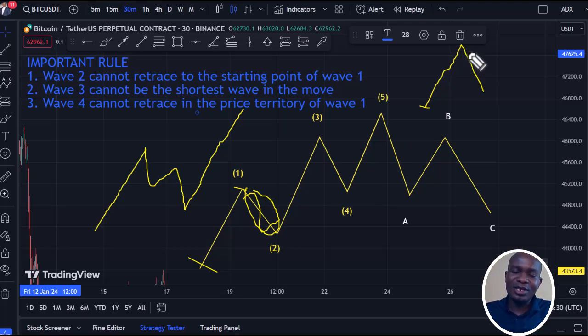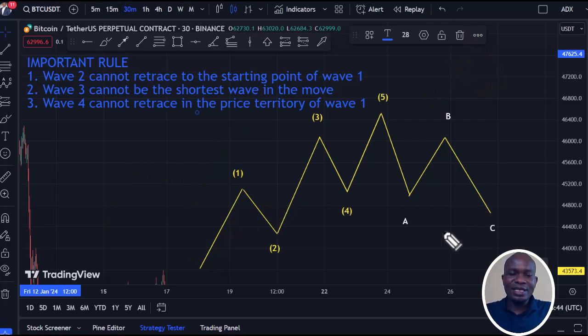So the consolidating state is what happens at this point. That also tells you that the market spends more time here than it does here. Okay, so with that in mind, what we should be expecting from any correction is at least a 3-wave move.